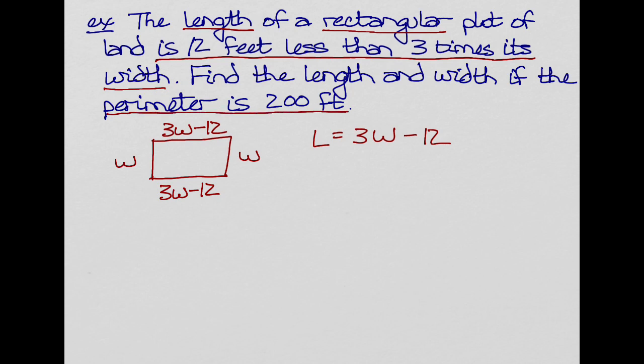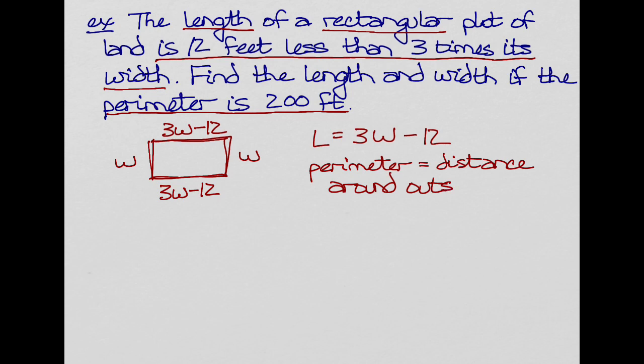The perimeter of a rectangle, in case this is a word that you haven't heard in a while, is the distance all the way around. So all 4 sides, distance around the edge, or around the outside, the perimeter of anything.